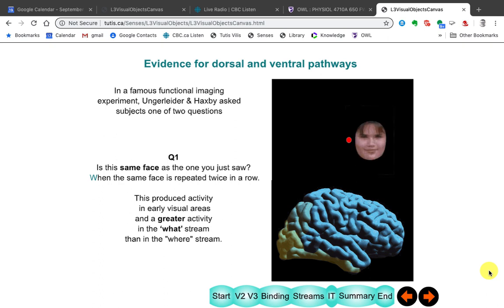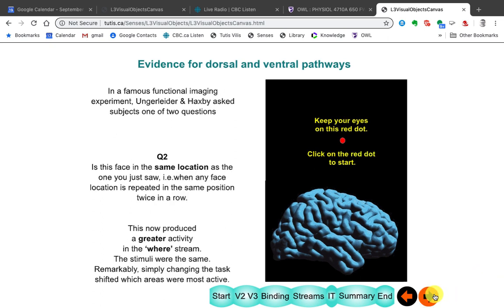Good. You notice that every time this face appears, activity occurs in the inferior temporal cortex. Now, what we're going to do is show you the exact same stimulus, but ask a different question. Is the face in the same location as the one you just saw? So it doesn't have to be the same face, just whether the location was the same.